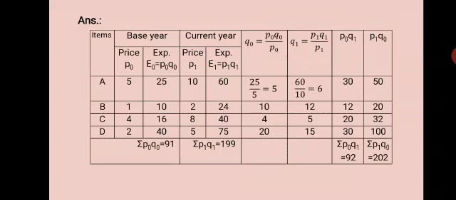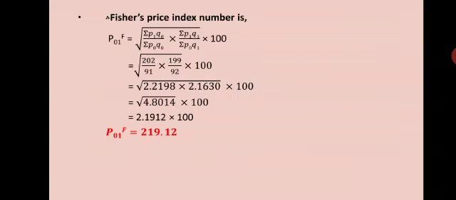So all E0 values if we add, we will get summation P0 Q0 as 91. Also we require summation P1 Q1. Here add all E1 values, we will get summation P1 Q1 as 199.